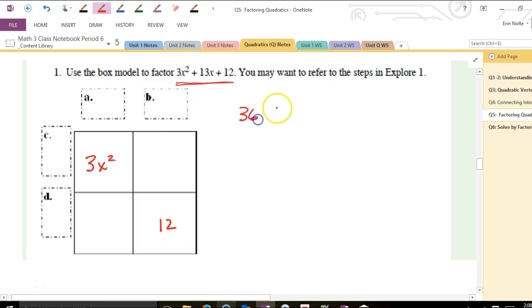Then I'm going to do the same thing that I did with the easy method, but I'm going to use 36 instead. So I need two numbers that multiply to 36 and add to positive 13.